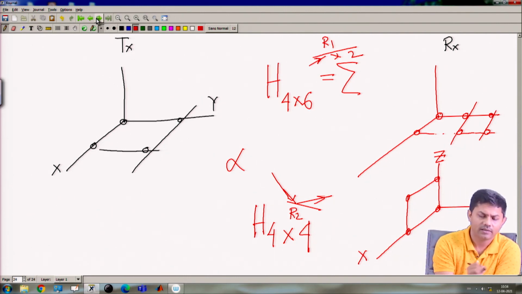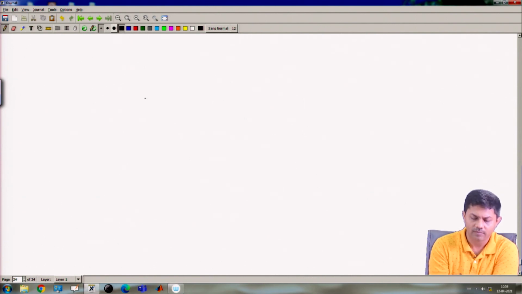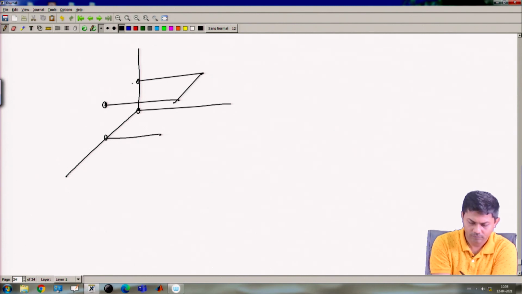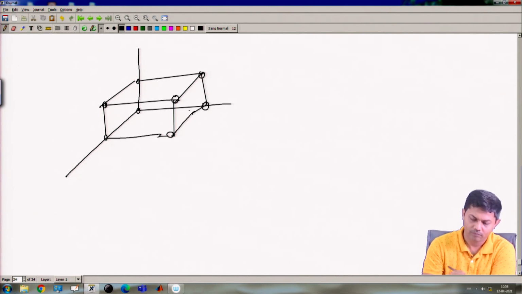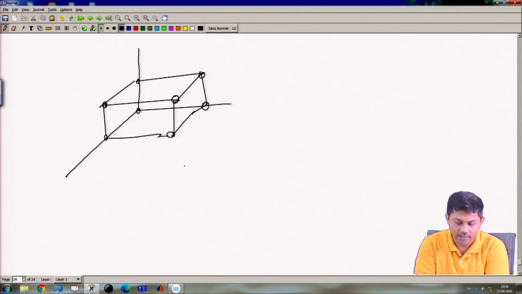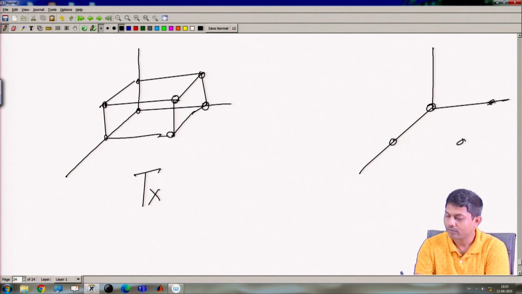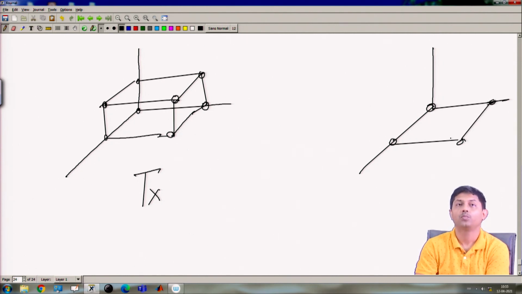So, what if in the assignment somebody asks you something like that, in the Tx side my antennas are configured like that, a three dimension case, whereas in the Rx I have say a UPA.